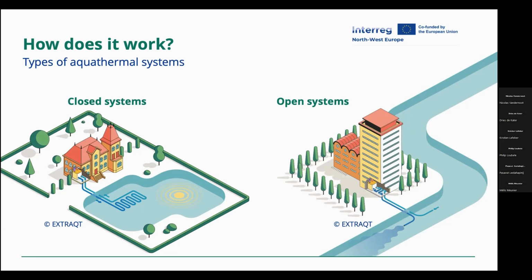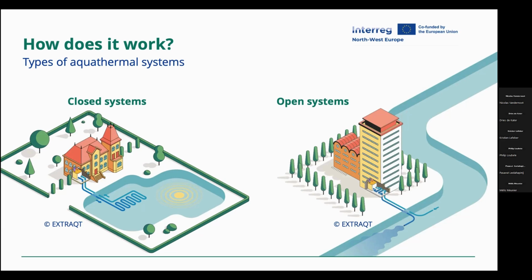We are pumping it to the land side, and on the land side, we have a heat exchanger which exchanges the heat to the heat pump. And afterwards, we just pour the water back into the river itself. So we have a discharge of the water directly after the heat exchange. As said, we have an inlet point and an outlet point, and there is no heat exchanging directly in the water itself.